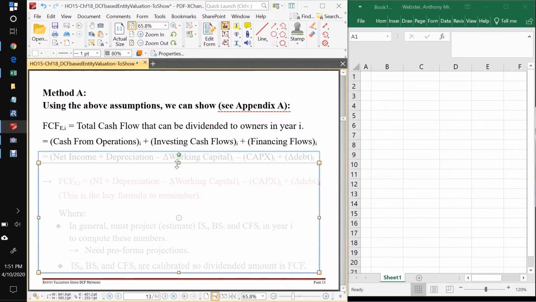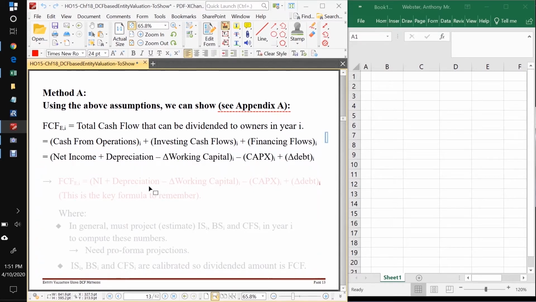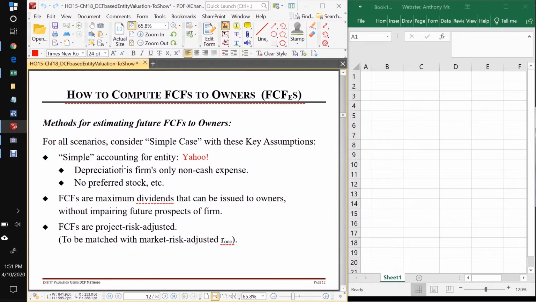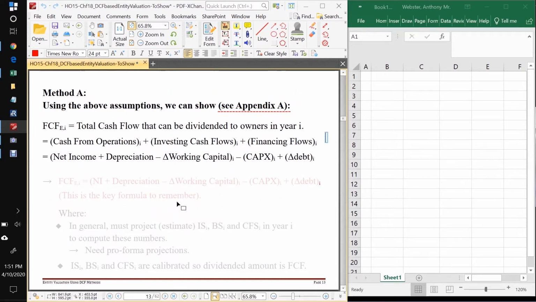And now if I just expand that out a little bit, remember that cash from operations, this comes from accounting, and if you've forgotten it, how can I blame you? But cash from operations, if we have simple accounting, like we said we had on the previous page, boils down to net income plus depreciation minus changes in working capital.